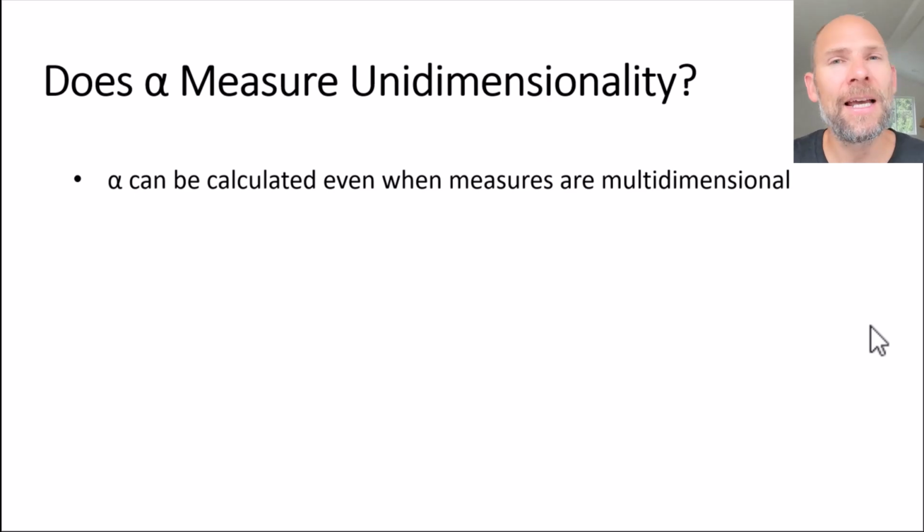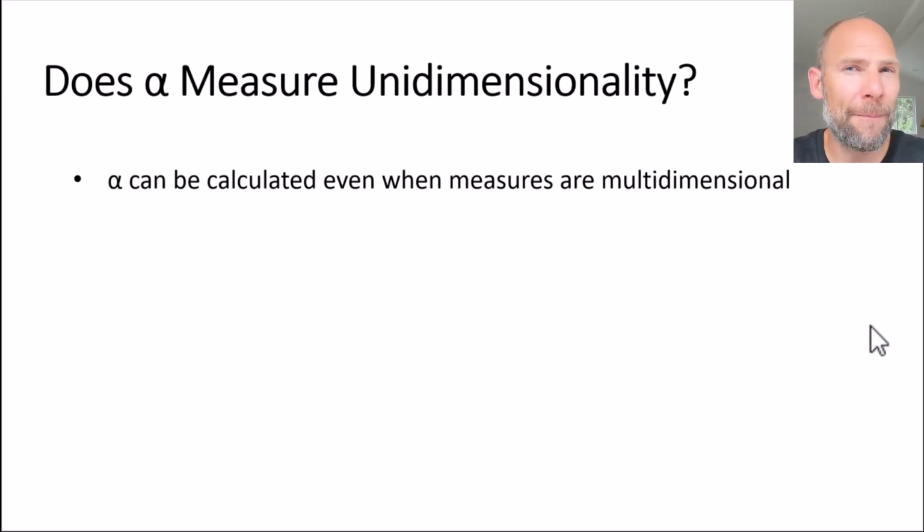There's nothing that keeps you from using JASP or SPSS or any program for that matter to calculate Cronbach's alpha even when you have a multidimensional scale, because alpha per se does not provide a test of model fit. The test of model fit is provided by a chi-square statistic, and so that tells us whether a model is unidimensional with equal loadings and uncorrelated error terms or not.